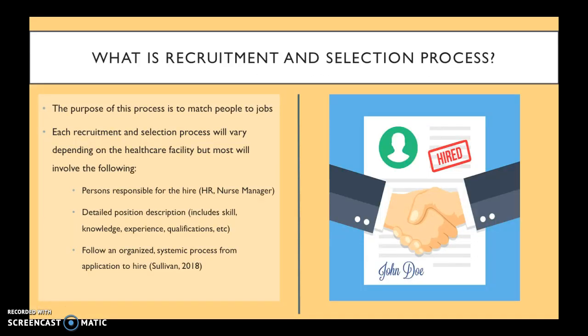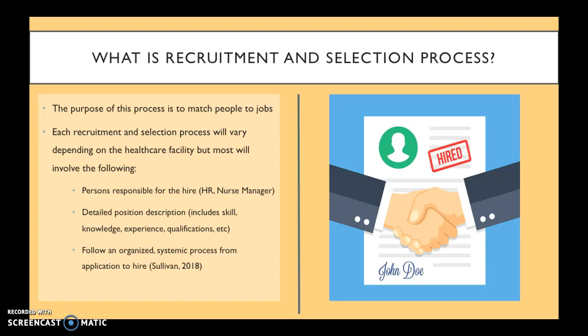So what is the purpose of the recruitment and selection process? The purpose is simple: to match people to jobs. Each recruitment and selection process is different. It will vary depending on the facility, but most will include persons responsible for the hire.